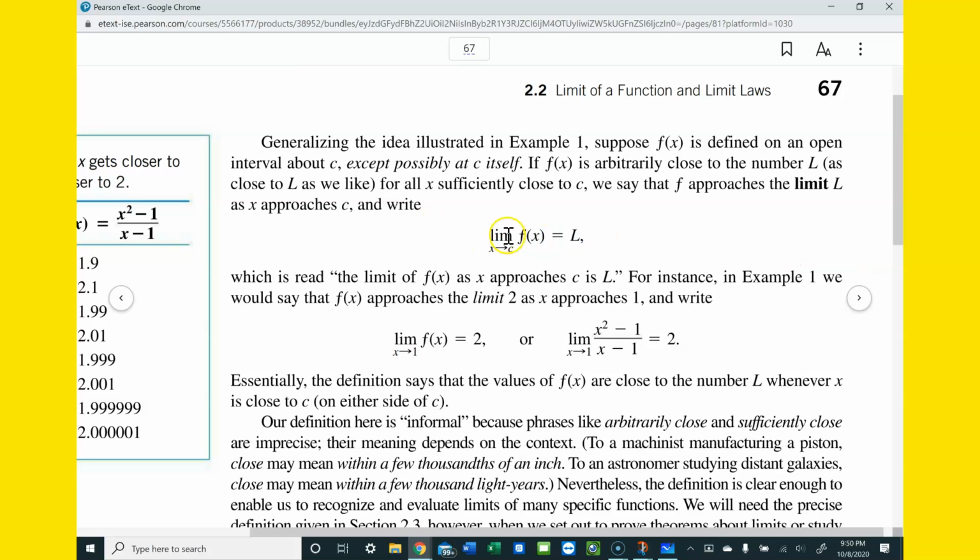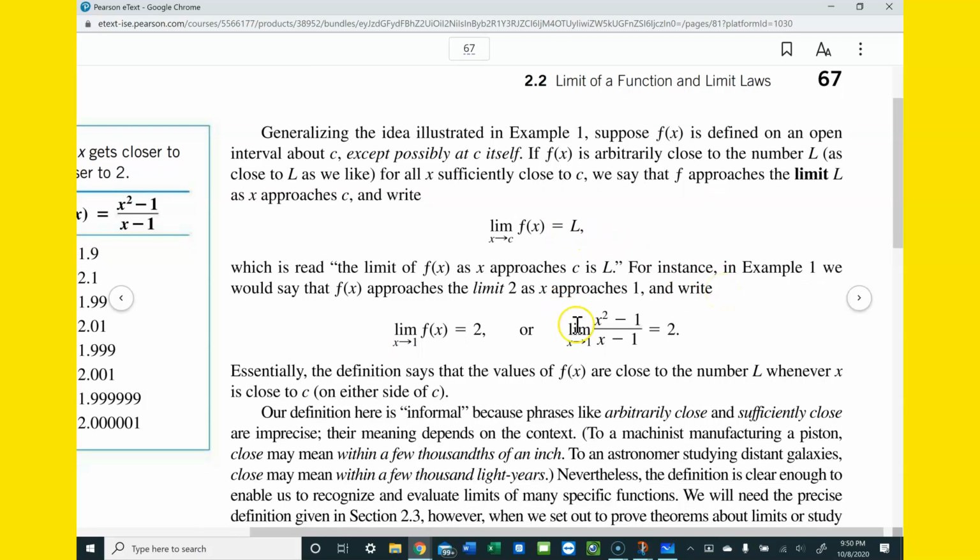The way that you read this is: the limit of f of x as x approaches c equals L. So we would say the limit of x squared minus 1 over x minus 1 as x approaches 1 is 2.